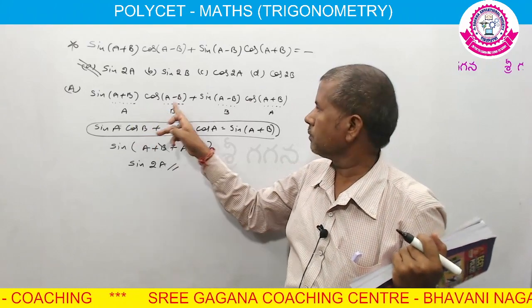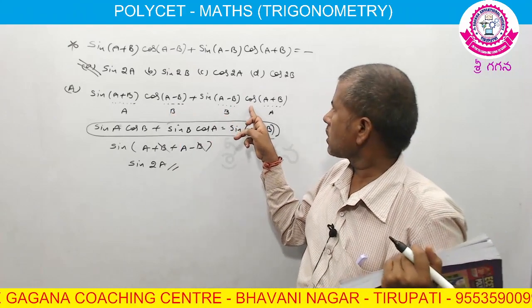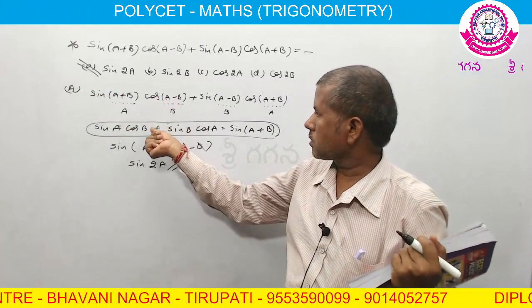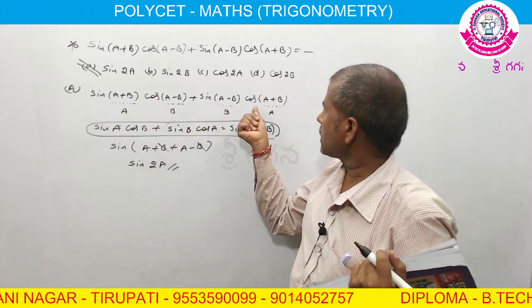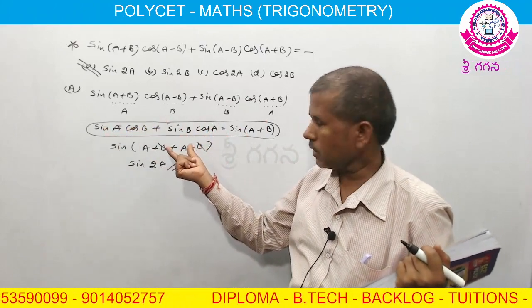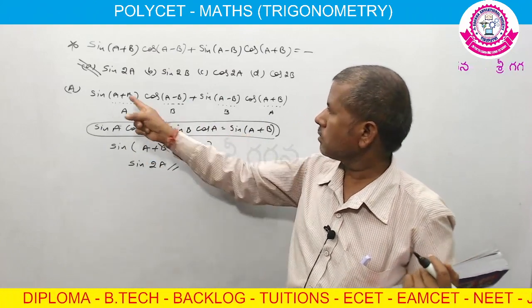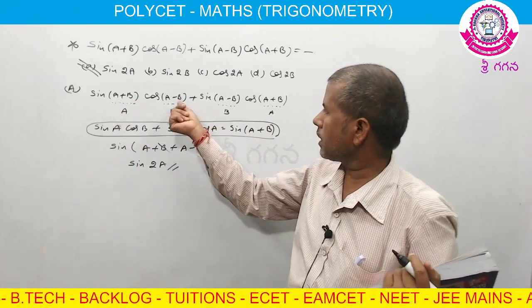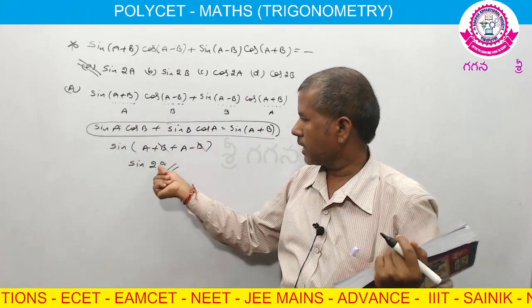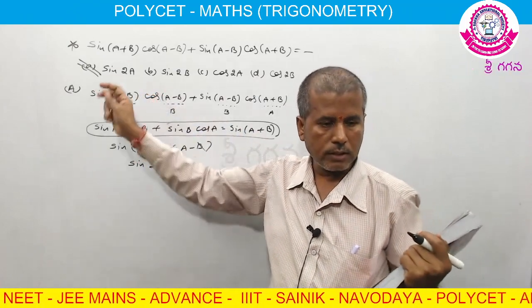For the formula converted: sin A cos B plus cos A sin B, which is the sin of (A plus B) formula. So A plus B, plus b and minus b cancel, sin of (a plus a) is sin 2a. Sin 2a is the answer. That's all.